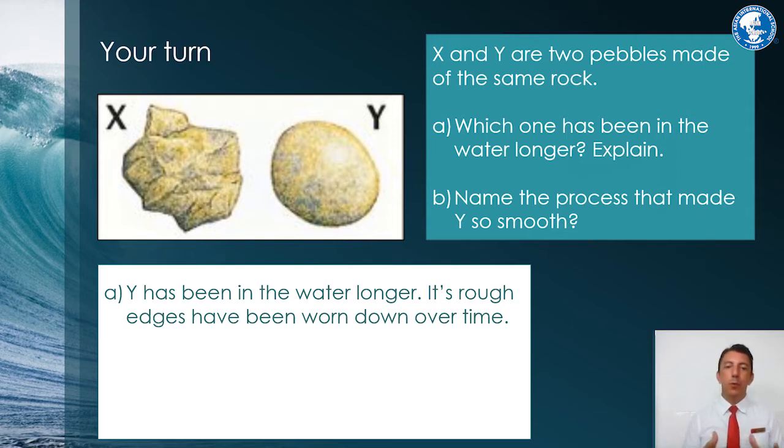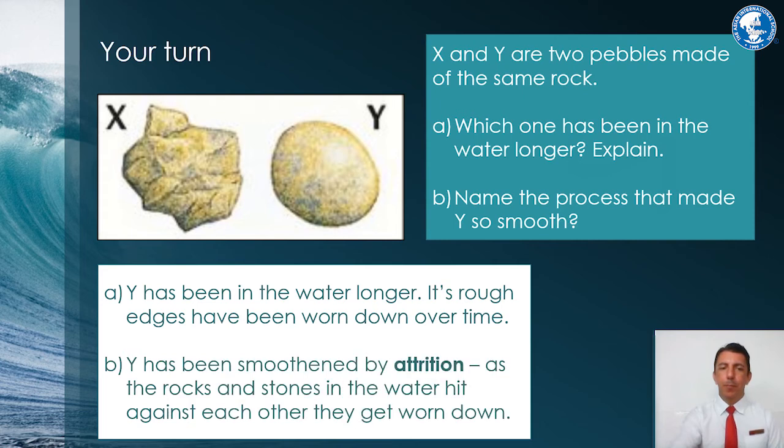So Y is smooth because over time it has lost those rough edges we see in X. B, what is the process that made Y so smooth? Y has been smoothened by attrition. As the rocks and stones in the water hit against each other, they get worn down and they lose those rough edges.